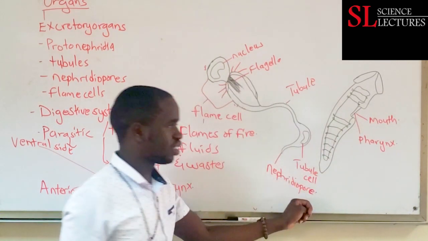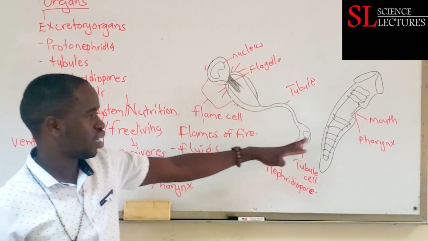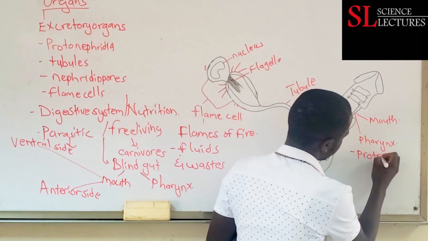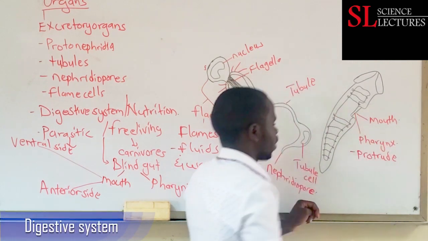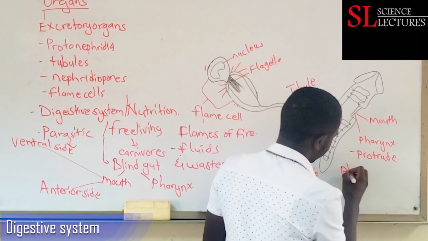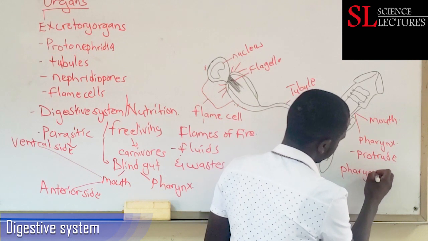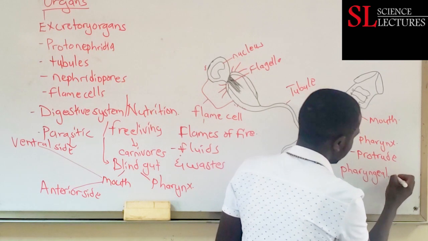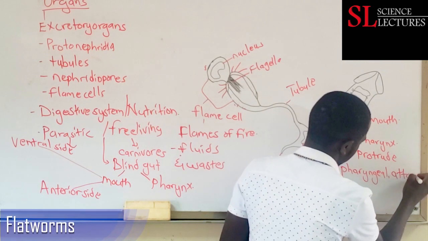So how do these organisms feed, especially these carnivores? They have the power to protrude their pharynx from the pharyngeal region, so that it can go and attach to the prey.